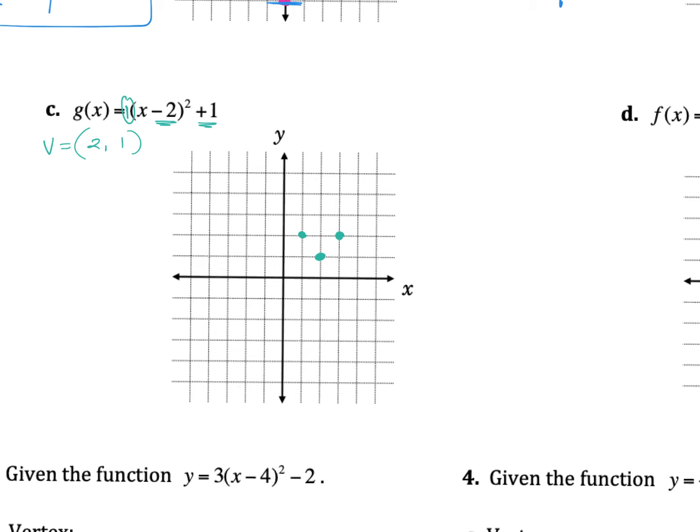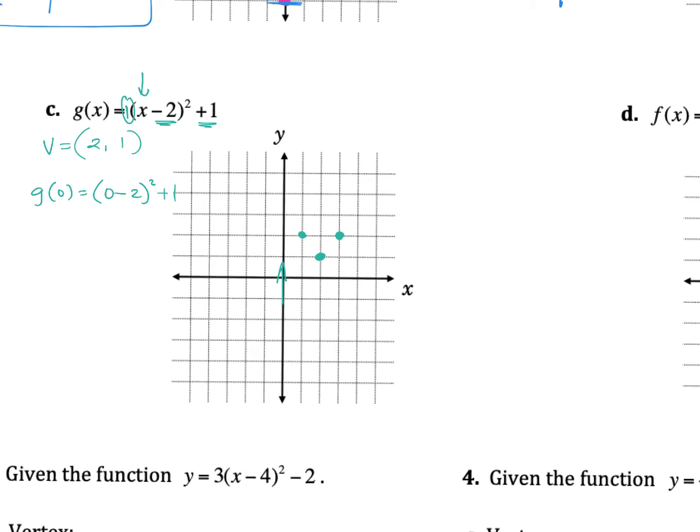Okay. What's a good number to plug in for your next set of points? 0, right? Somewhere here. So at x is 0, if we plug a 0 in here, we get g of 0 equals 0 minus 2 squared plus 1.